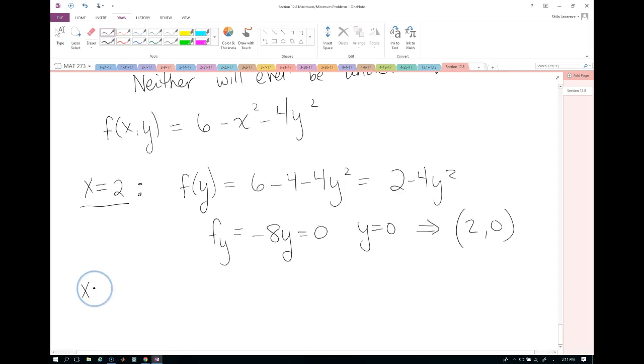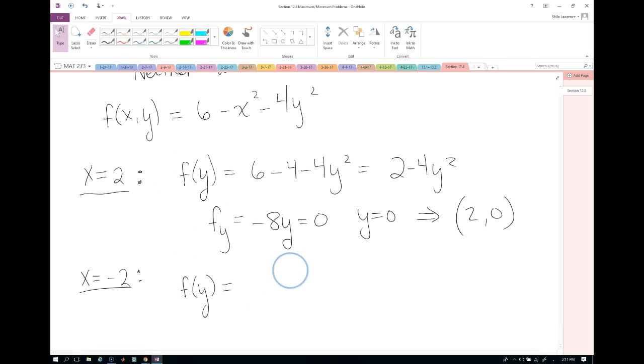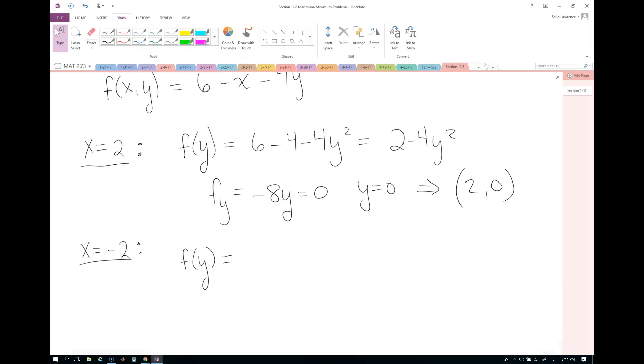And then we check x equals negative 2. So you can guess now at this point, it's just kind of a long process because we've got to check all 4 of our boundaries. So we go back to the original, we replace x with negative 2, we're going to get the exact same resulting f of y function. But be careful, we're not going to get the same possible critical point because now we're starting with x equals negative 2.